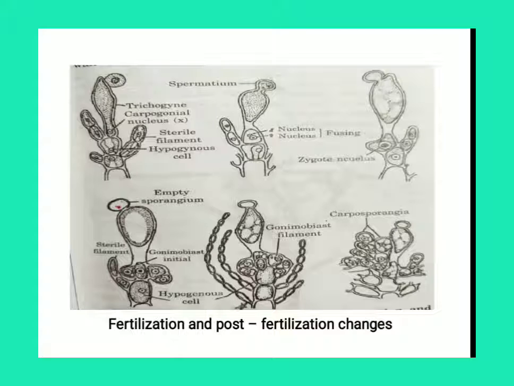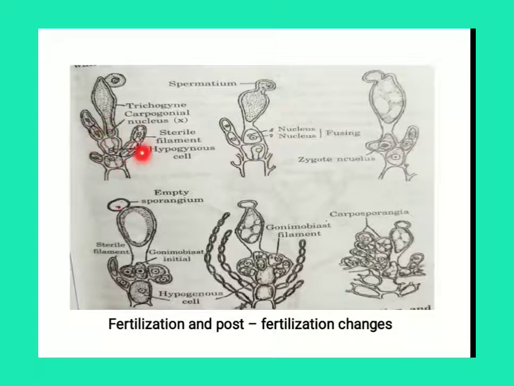After some divisions, the gonioblast initial is converted into the gonioblast filament, and the terminal cell of the gonioblast filament is known as the carposporangium.